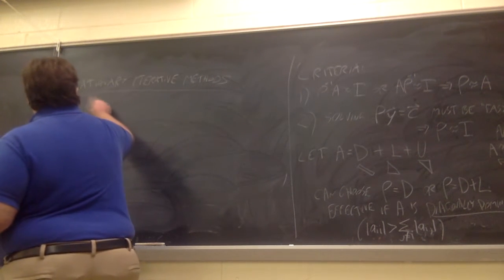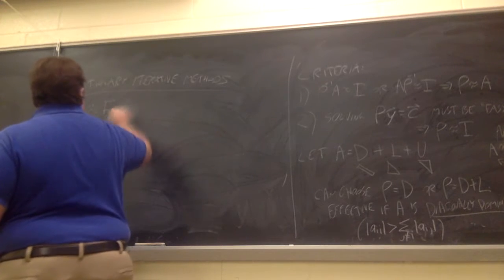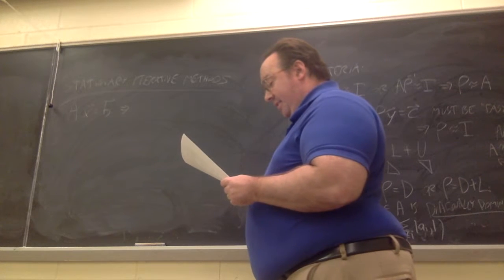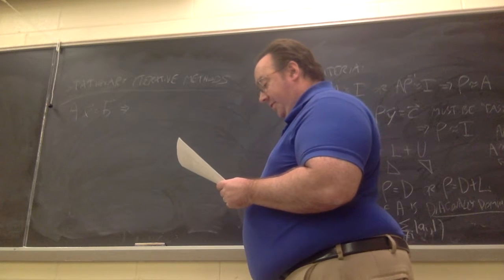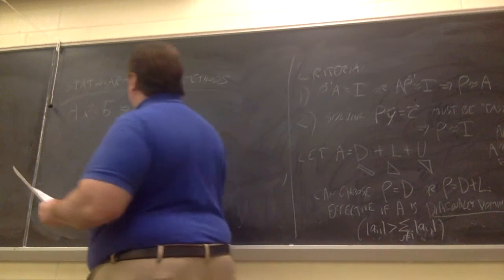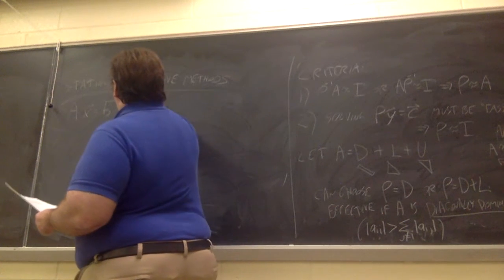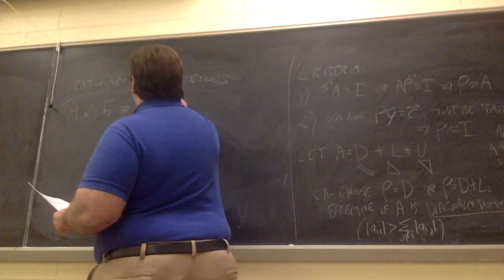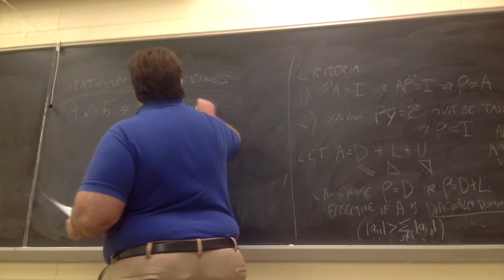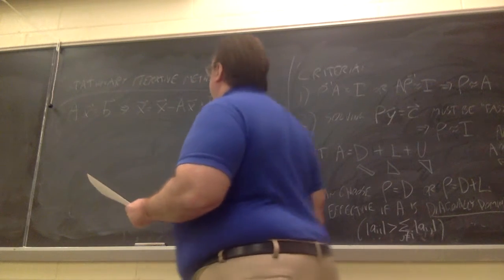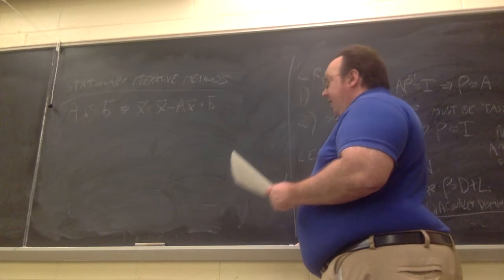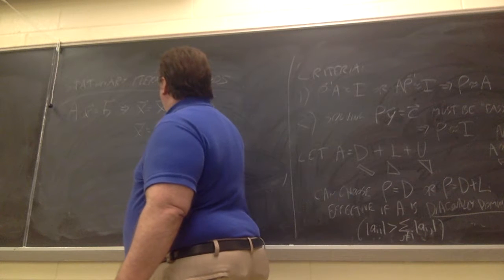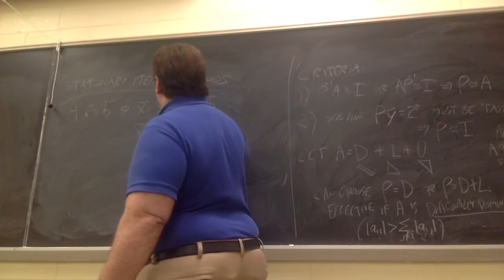Okay. So here's what I can do. Starting from Ax equals b, I can add x to both sides, moving Ax to the other side. Then I can factor out an x on the right here.